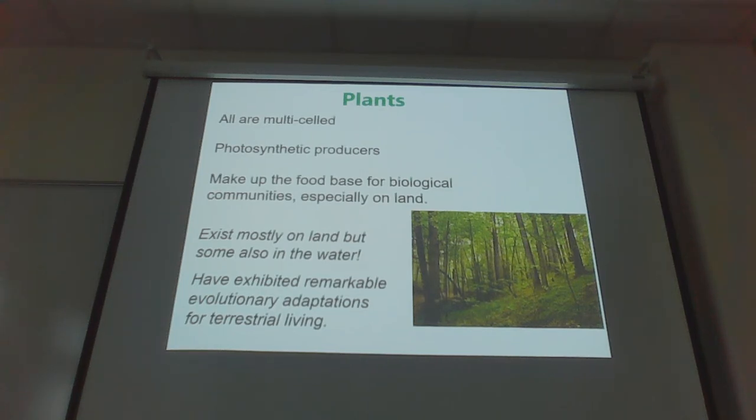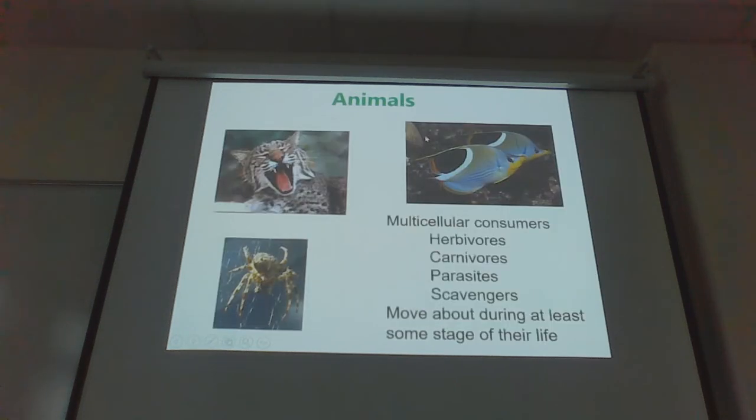There are plants that live in water, plants that live on land, and in all kinds of environments, even very arid, very dry environments. And they have evolved strategies to live in those kinds of environments. All right, so that's all. And you already kind of know these, right? Plants do photosynthesis, so they're the producers.